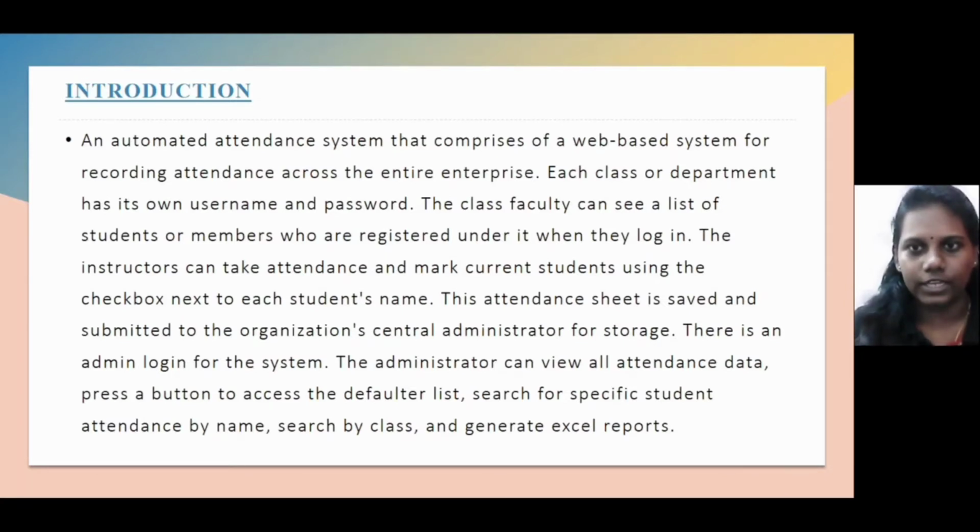The class faculty can see a list of students or members registered under it when they log in. The instructors can take attendance and mark current students using the checkbox next to each student's name. This attendance sheet is saved and submitted to the organization's central administrator for storage.